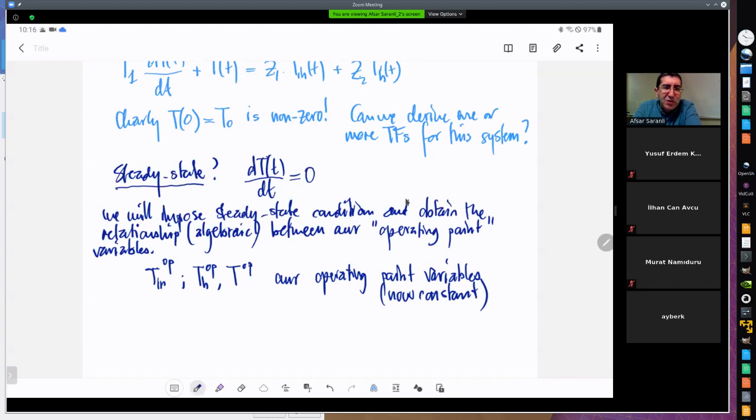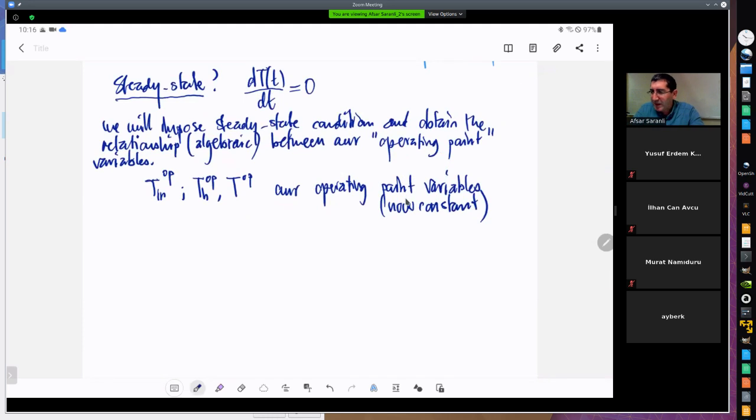The actual temperatures, T in, TH, T, will be time varying, but we will define our so-called delta variables, which will make these variables move around these constants, and whenever they are equal to these constants, those operating points, our delta variables will be necessarily equal to 0. Okay.